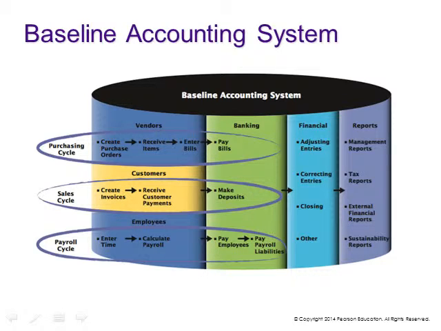And so again, this is just meant to remind us, and this should be a very familiar picture to you now, in that the baseline accounting system includes this out-of-the-box functionality with respect to vendors, banking, financial reporting, and that we're able to leverage across multiple business cycles this out-of-the-box functionality. And that is what we implement and execute to where our processes and procedures only have the requirements, and the baseline functionality meets those simpler requirements.